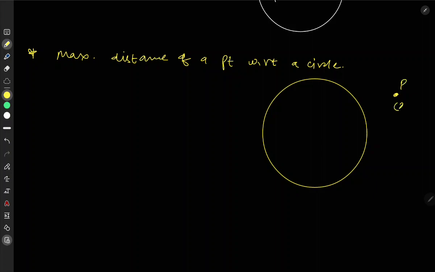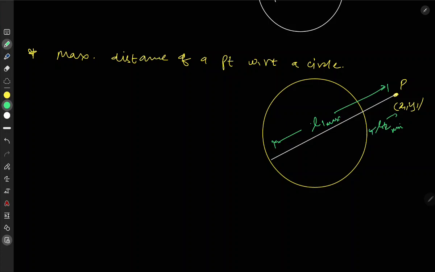This is point P, x1 comma y1, and now this distance is the maximum distance. This whole length I will write, let this length be L1. This is the maximum distance, L1 max, and this is L2 minimum, the minimum distance.